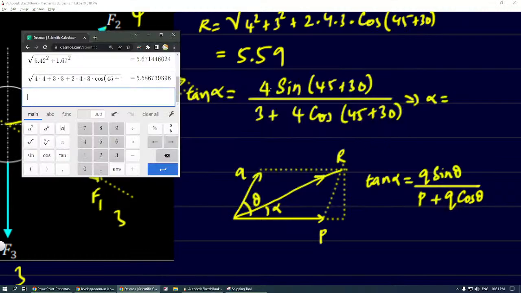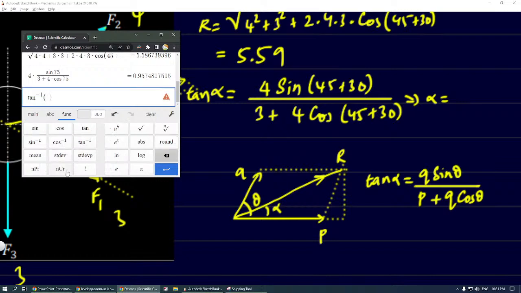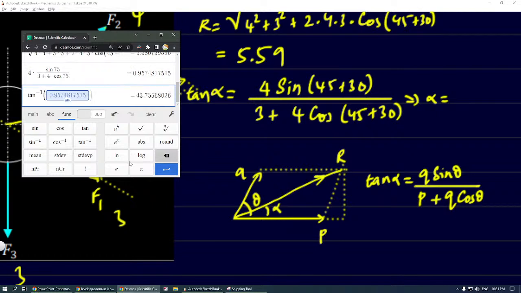One second. 4 into sine of the angle 75, divided by 3 plus 4 into cos 75, then tan inverse. The answer is 43.76.